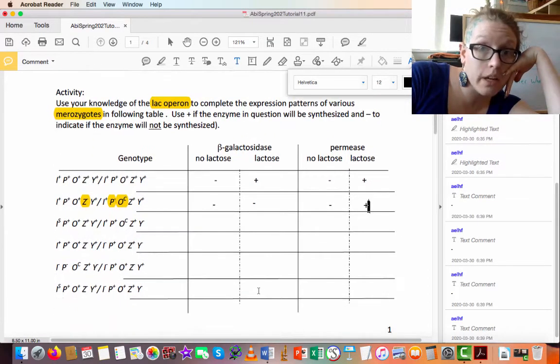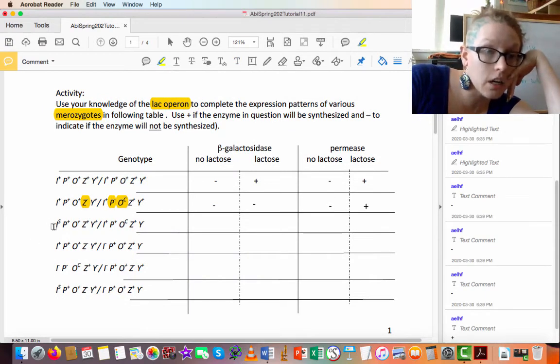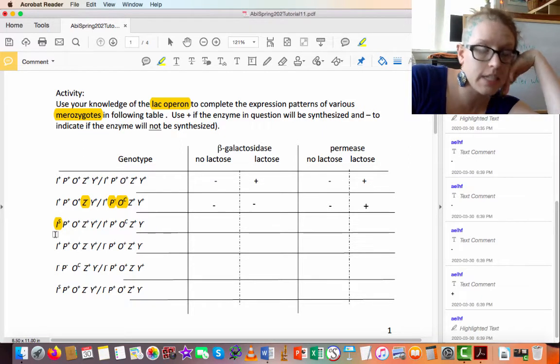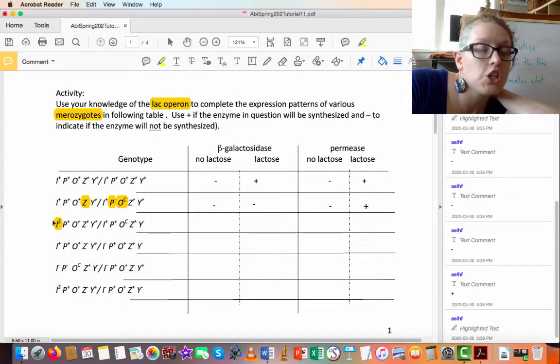And if we keep going, let's highlight our weird things here. Here we have an S, a super repressor. I to the S means it's a super repressor. Our super repressor will always bind to an operator if available, no matter how much lactose is in the general vicinity.